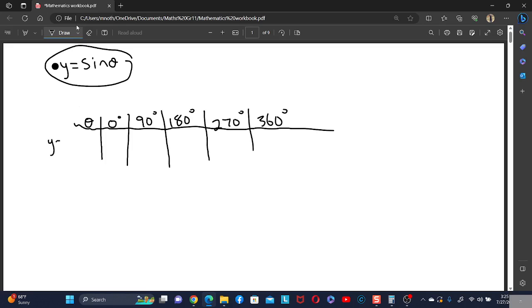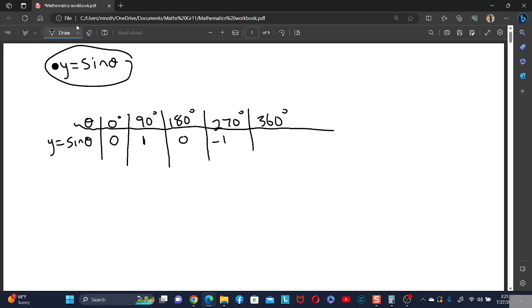So if we want to find the values of y given these values of theta, we must substitute them here in theta. So if we substitute them, we are going to find here 0, and then in 90 we are going to find 1, and then in 180 we're going to find 0.